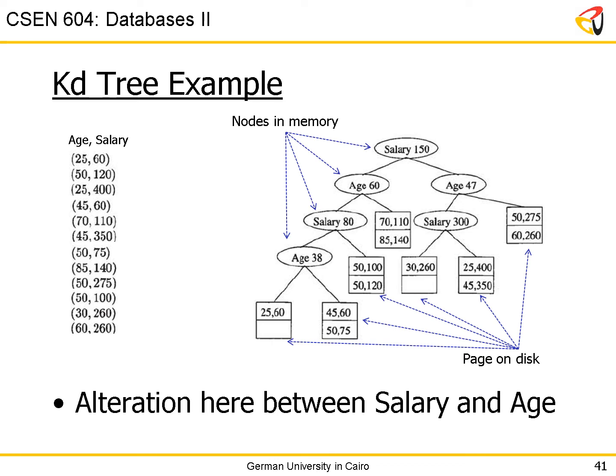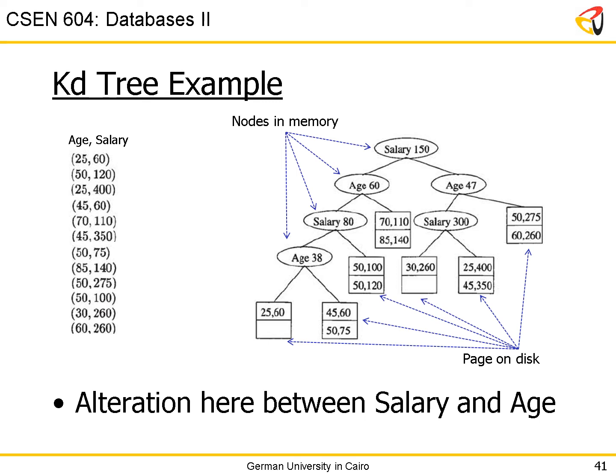So when I'm inserting any new row, I need to know at every level which dimension I'm working with, and I decide to go left or right by comparing the entry in the row with the specific value that exists in the node in the tree.